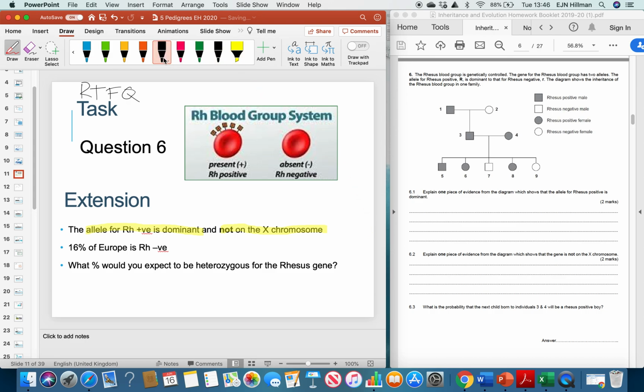If you remember, in the notes on page 13, there are some really helpful tips, ways to prove that an allele is either recessive or dominant, or sex-linked or not sex-linked. Then there's a little bit of extra information here.